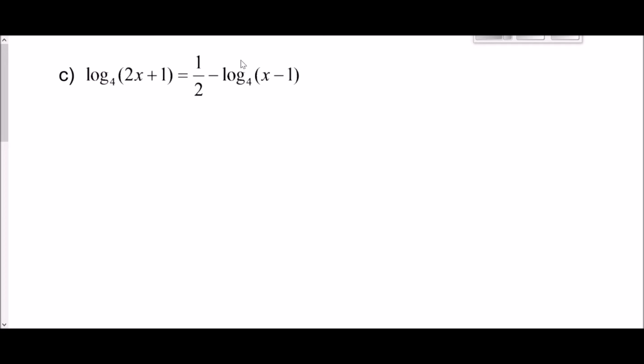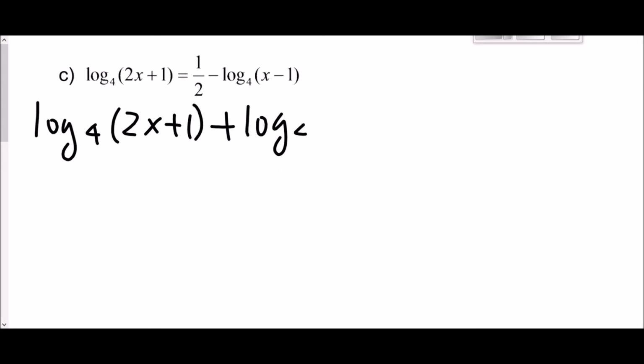Group all the terms with logs together, so move this one to this side. Left hand side I have log base 4 of 2x plus 1, and then this is negative, move it to the other side, or basically add log base 4 of x minus 1 to each side, so plus log base 4 of x minus 1, and then the right hand side we only have 1/2 left.